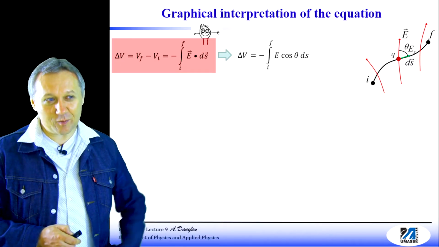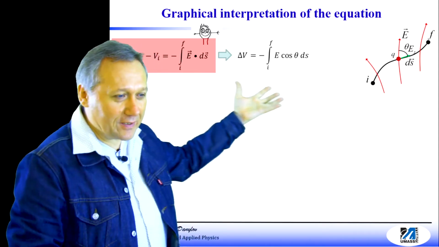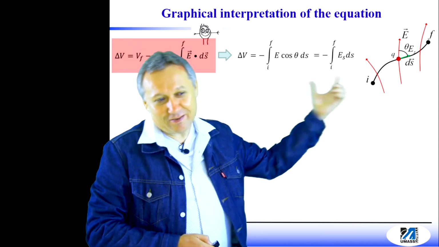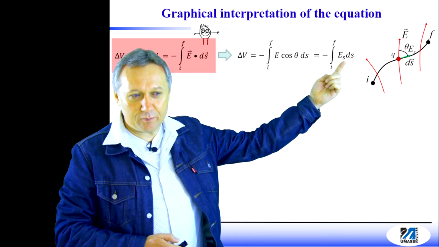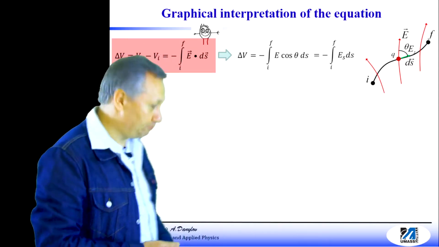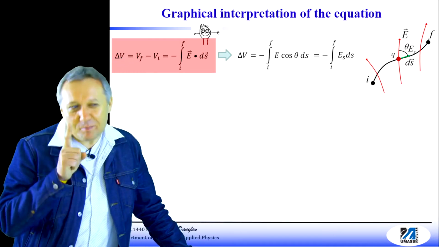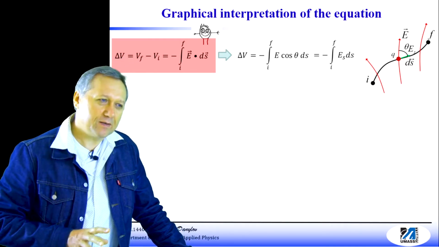and that is the correct angle for the scalar product. Right. So now that E cosine theta is just a component of the electric field along the s direction. So as a result, I can make this integral look simpler: minus integral of E sub s ds. Basically now it's a component. Now, who remembers the graphical meaning of an integral? Most of you remember that, right?